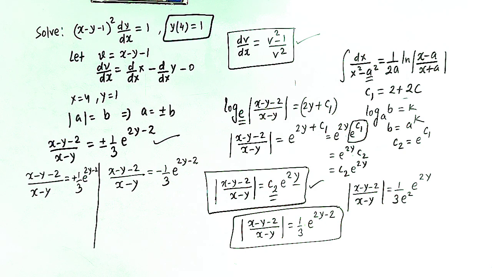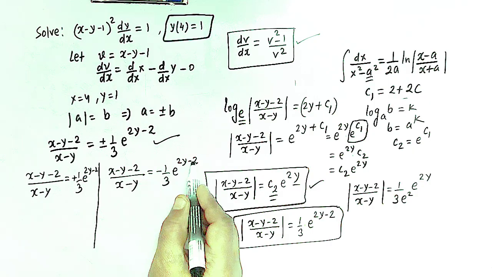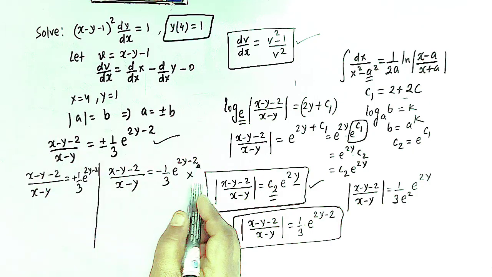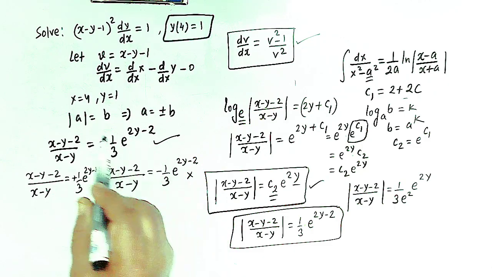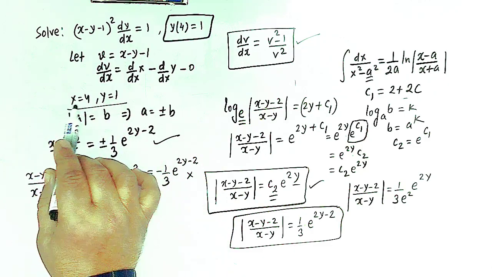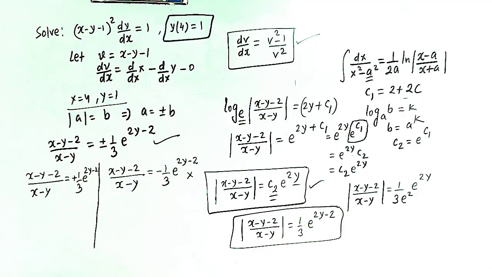So now here we can easily verify that this statement cannot be true, because this expression does not satisfy these values, that is x is equal to 4, y is equal to 1.